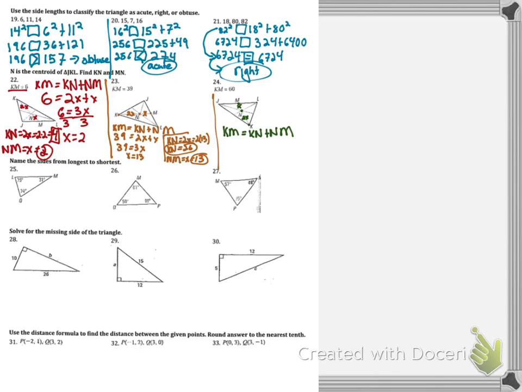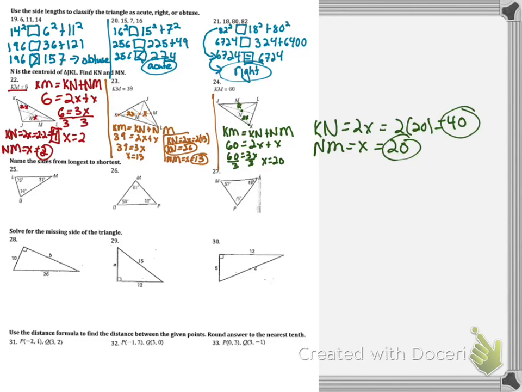So we substitute in what we know. We have 60 equals 2x plus x. We have 60 equals 3x. Divide by 3. x equals 20. So now that we have this, we know that KN equals 2 times x, which is 2 times 20, which is 40. And we have NM equals just x, which is 20.